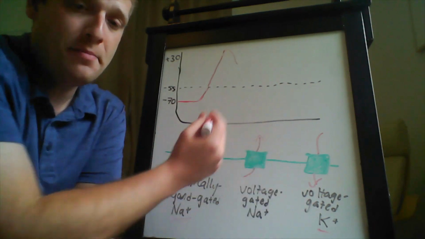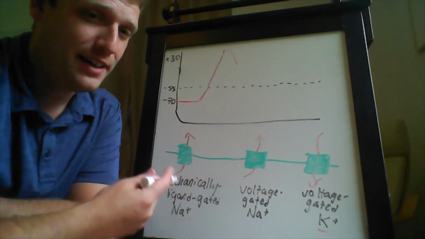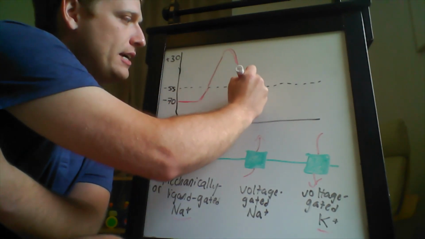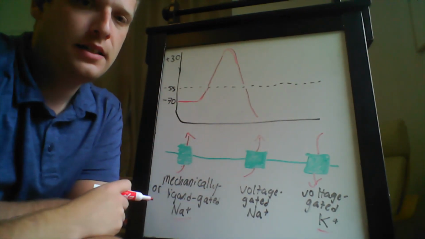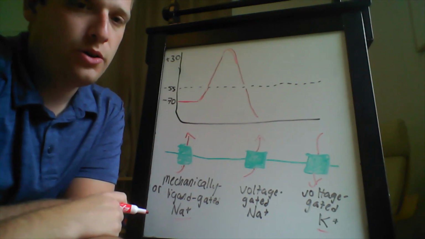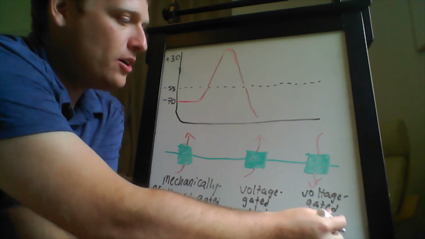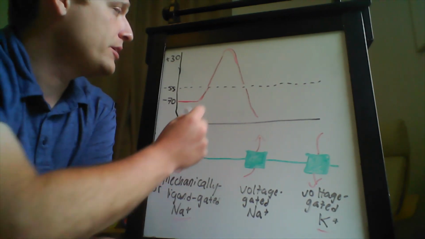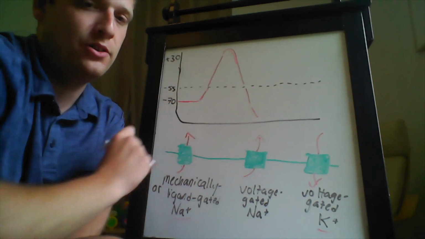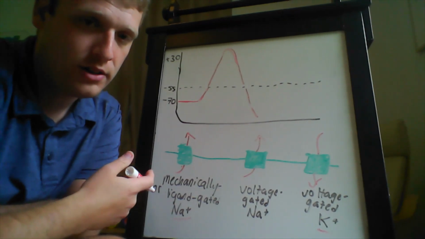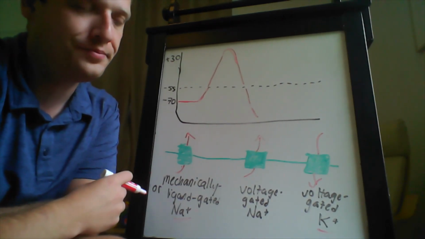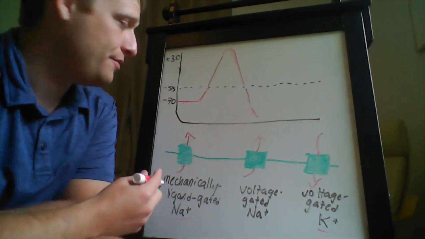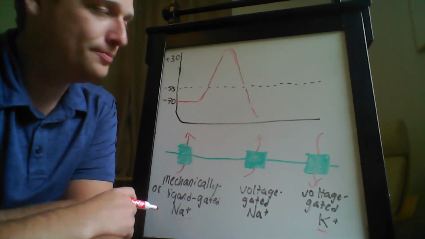Potassium ions, positive ions, leaving the cell is going to repolarize the neuron. Allowing all these positive potassium ions to leave the neuron brings the voltage back down to a negative value, and that is called repolarization. You're reestablishing that negative resting membrane potential.